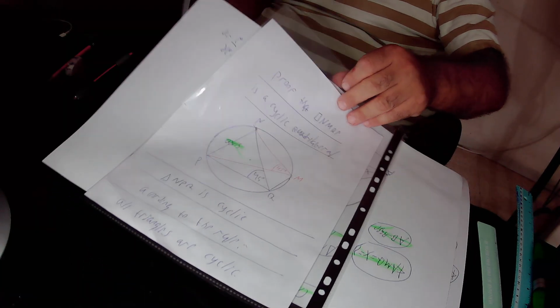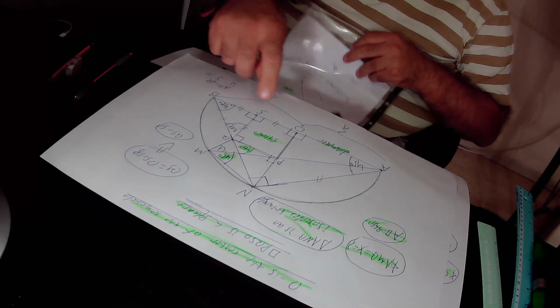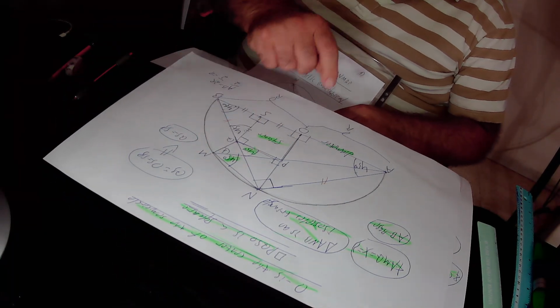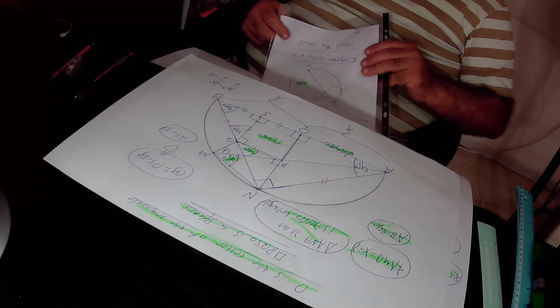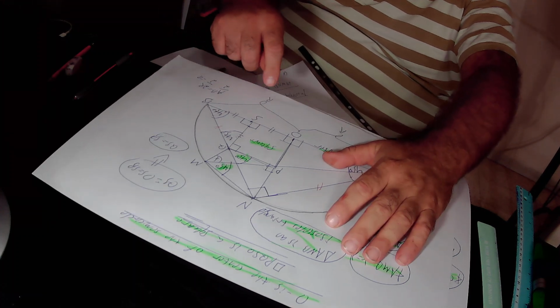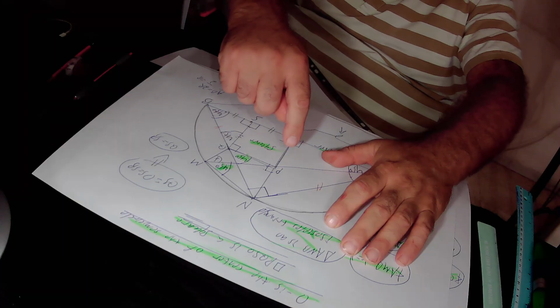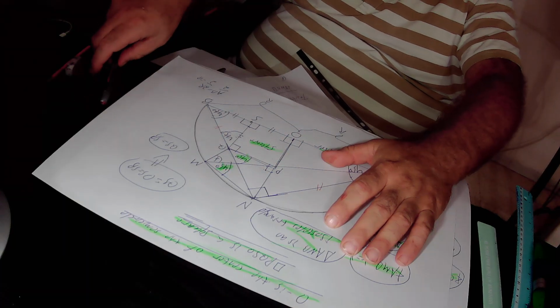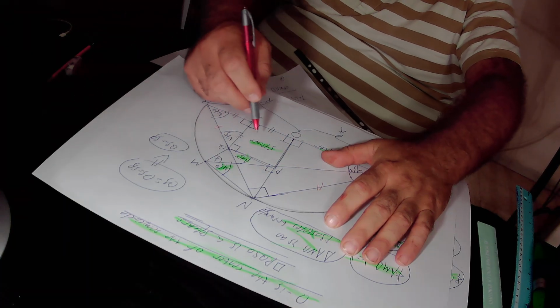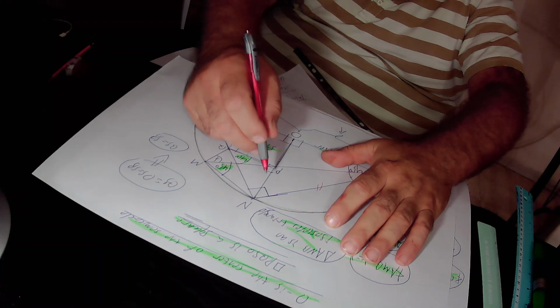So if you wonder, this is quadrilateral P, Q, M, N. This is a cyclic quadrilateral. So we can enclose this quadrilateral P, Q, M, N by a circle. So I enclose this quadrilateral by a circle.